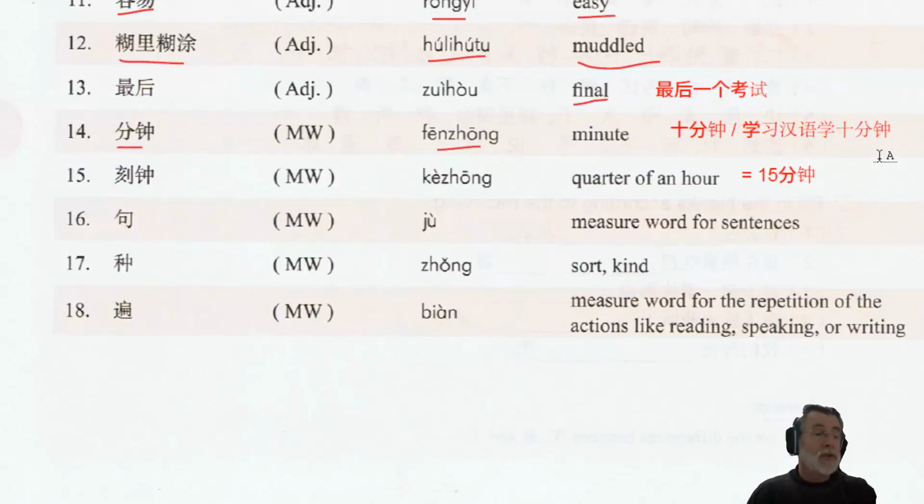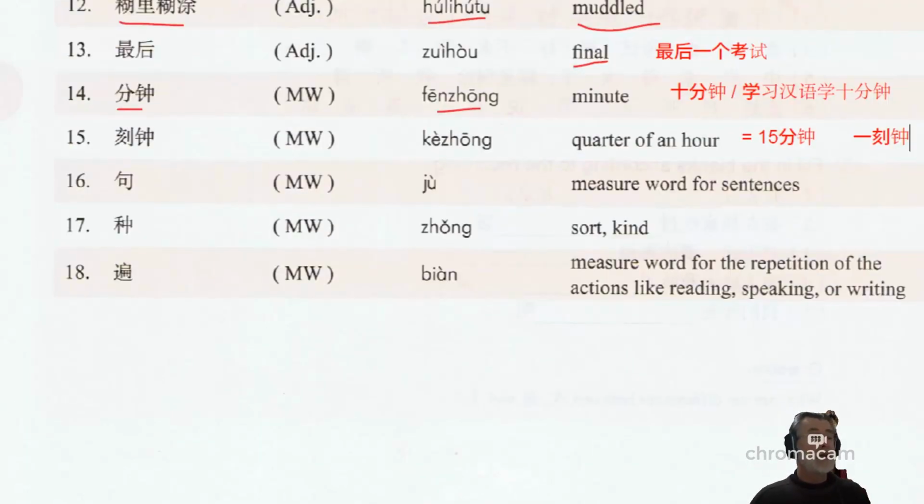And if we wanted to use it as a noun, we could say 一刻钟, so meaning 15 minutes. So 他什么时候回来? When is he coming back? 过一刻钟, after 15 minutes.